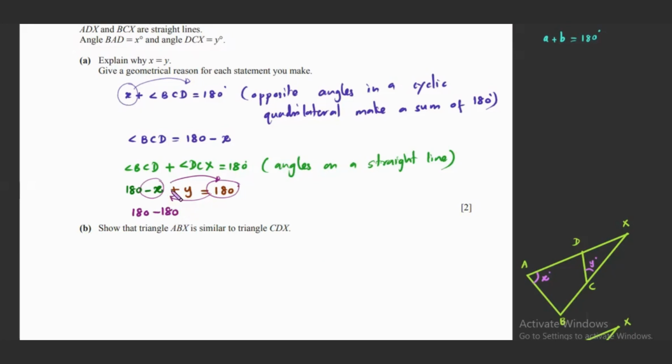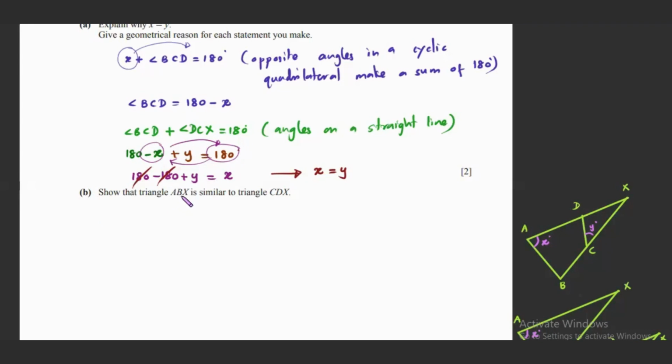Then I have taken the minus X to the other side, so when it goes to the other side, that becomes plus X. And I have plus Y on the left side. Now this 180 and minus 180 will cancel out because that becomes a 0. Therefore, I can clearly say that Y is equal to X, or I can say that X is equal to Y.